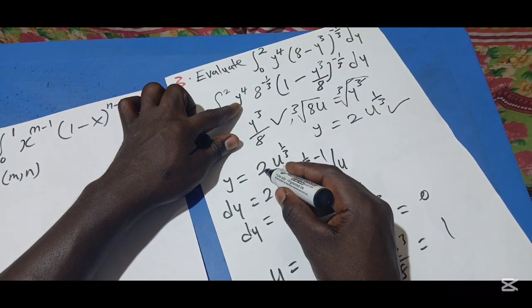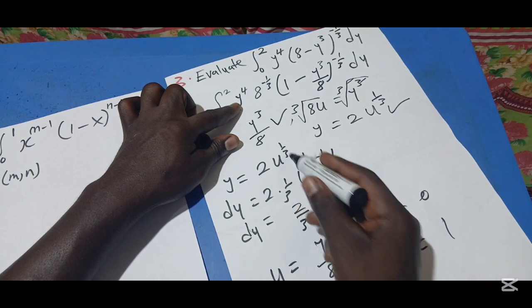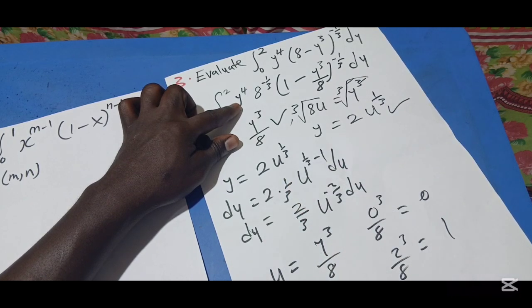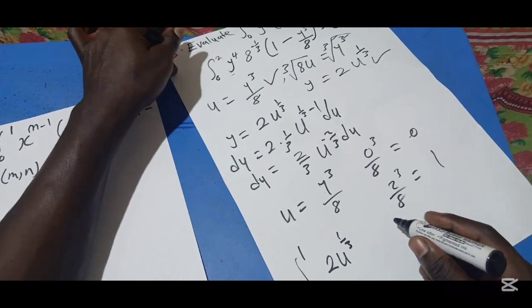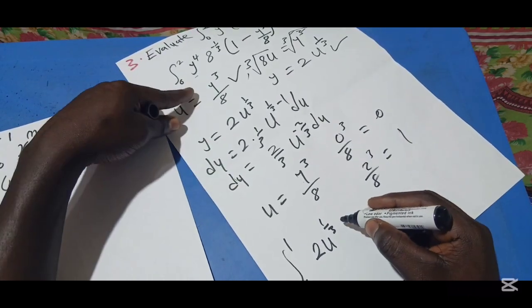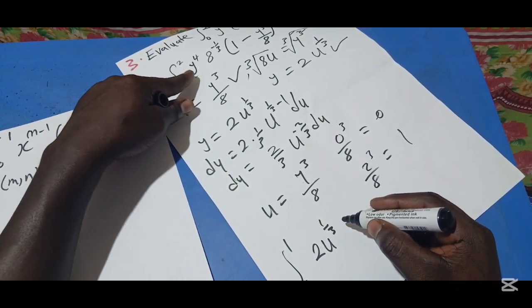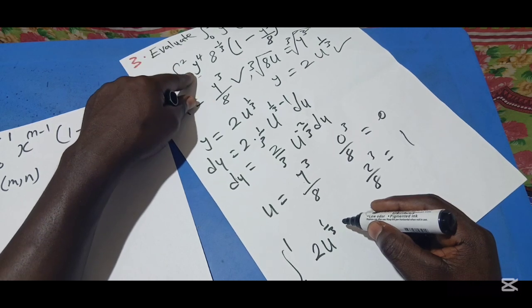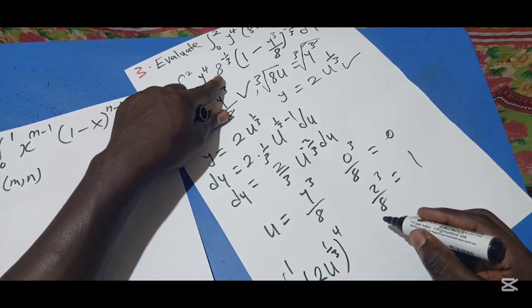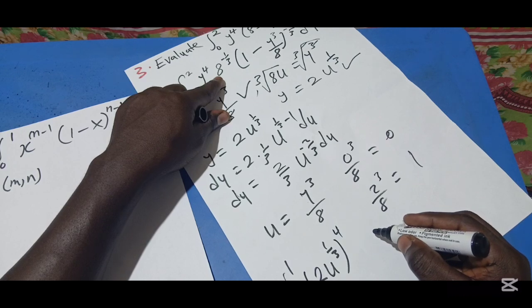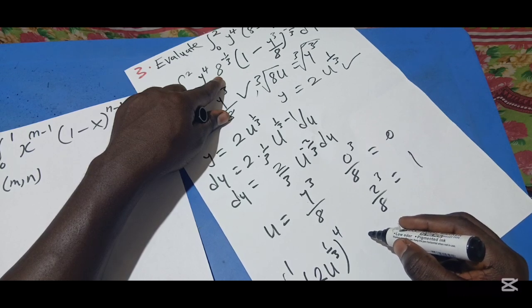And we said y equals 2u to the power 1 on 3, so we substitute that: (2u to the power 1 on 3) all to the power 4. And we have an 8 to the power minus 1 on 3.